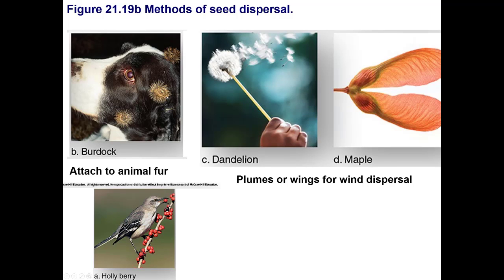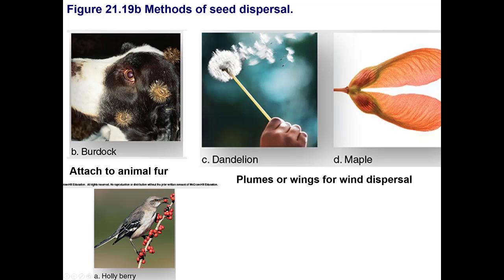Now, once those seeds are formed, of course, they can remain within the fruit and might be attracted to something like a bird who will eat the fruit, and then the seed will remain intact through the entire digestive system, and then the bird will poop it out with a nice pile of fertilizer along with it.